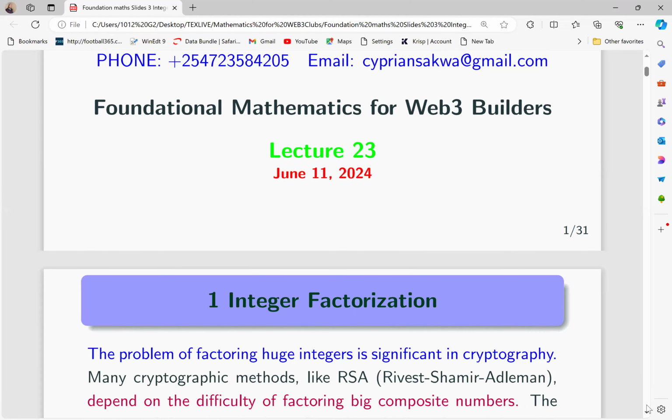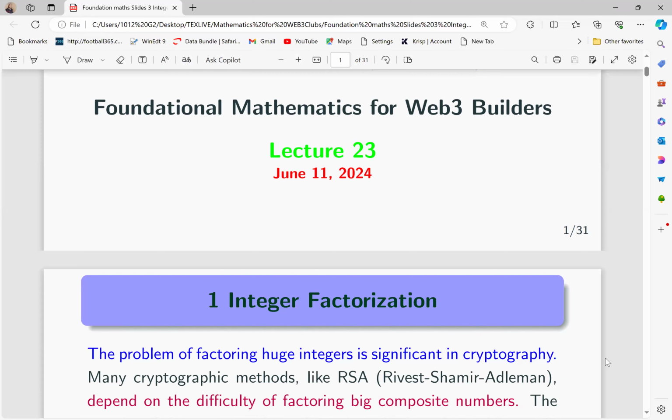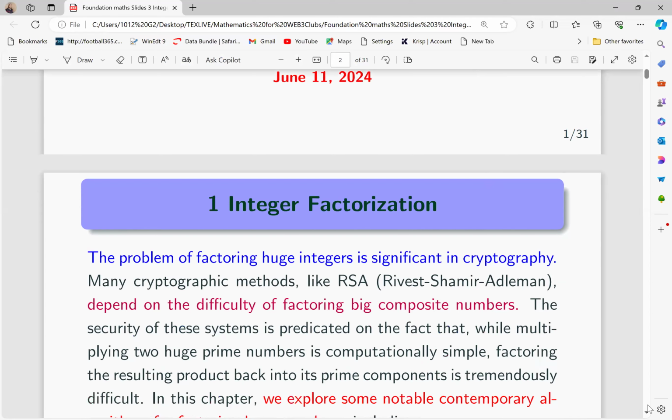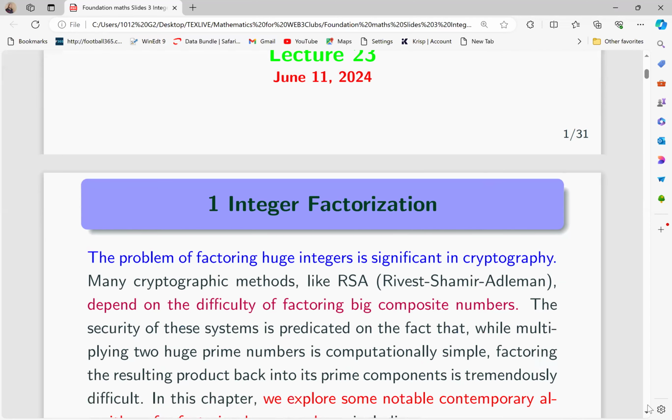We had looked at integer factorization. We were seeing that the easiest way to attack it, although there are various ways of attacking the RSA, is using integer factorization. And there are various algorithms of factorizing integers.